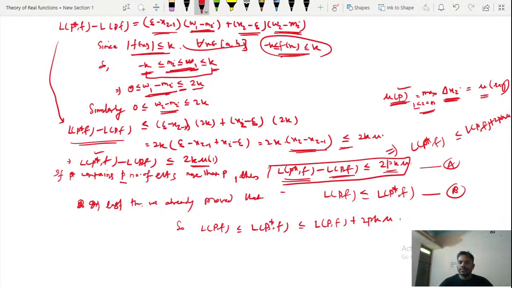Okay, so this is now proved. Similarly, the other one can be proved for UPF or for UP star f.